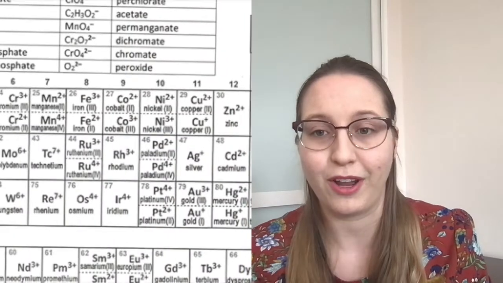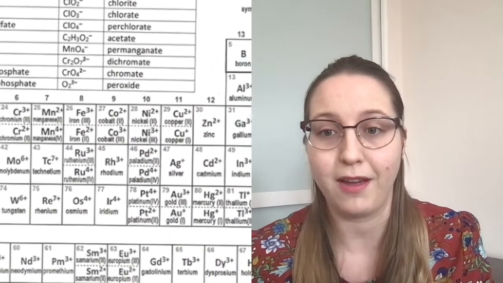However, in the middle of the periodic table, and the transition metals especially, there's a lot of different elements that have more than one charge. These are going to be classified under type 2 compounds.